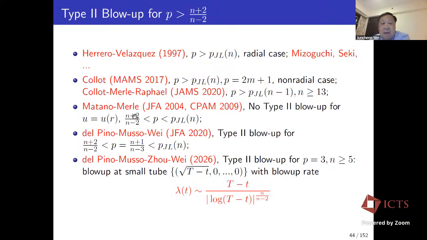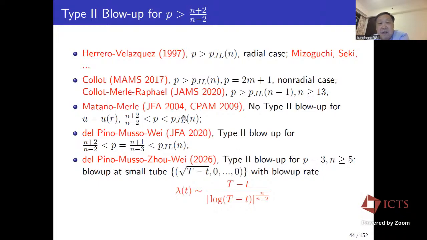Mizoguchi proved that between the critical exponent and the Joseph–Lundgren exponent there are no type 2 blowups in the radial case. And del Pino, Musso and myself proved type 2 blowup in between this exponent, but with non-radial data. And recently we can also show that for p equals 3, you get blowups on a small tube, similar blowup on the small tube with this type of blowup rate.